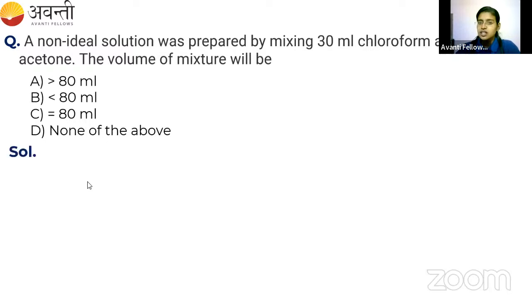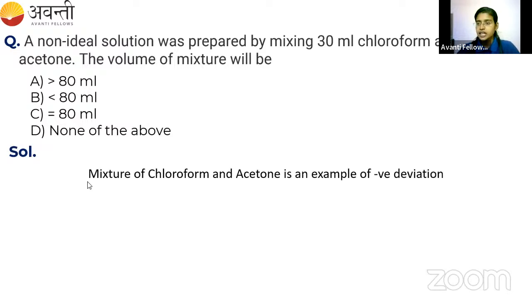Okay, let's check the solution. It is a mixture of chloroform and acetone. So chloroform and acetone mixture is an example for which deviation? Very good. It is an example for negative deviation, right? So for negative deviation, the delta V should be greater than 0 or less than 0.